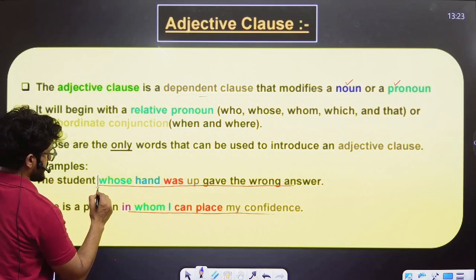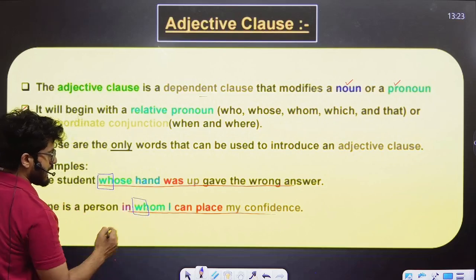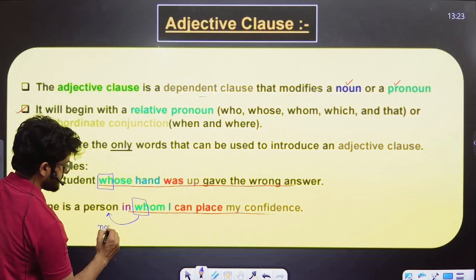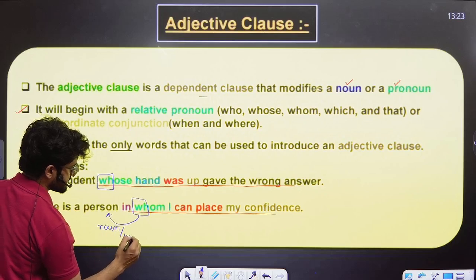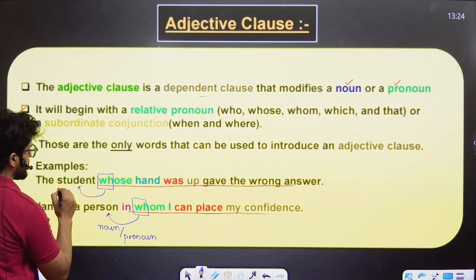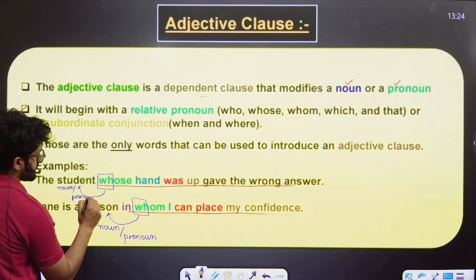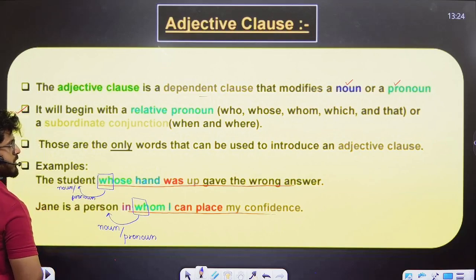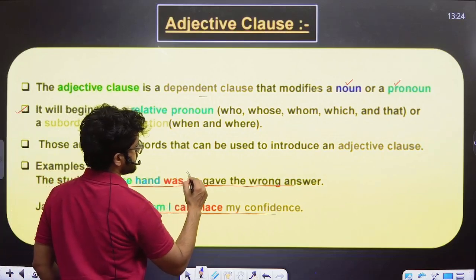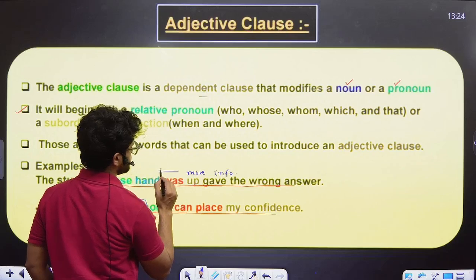whenever you are observing the WH part, and prior to that you will observe what? Noun or pronoun. Prior to that, you will observe noun or pronoun, and you will observe that it is providing further more information about the same thing.